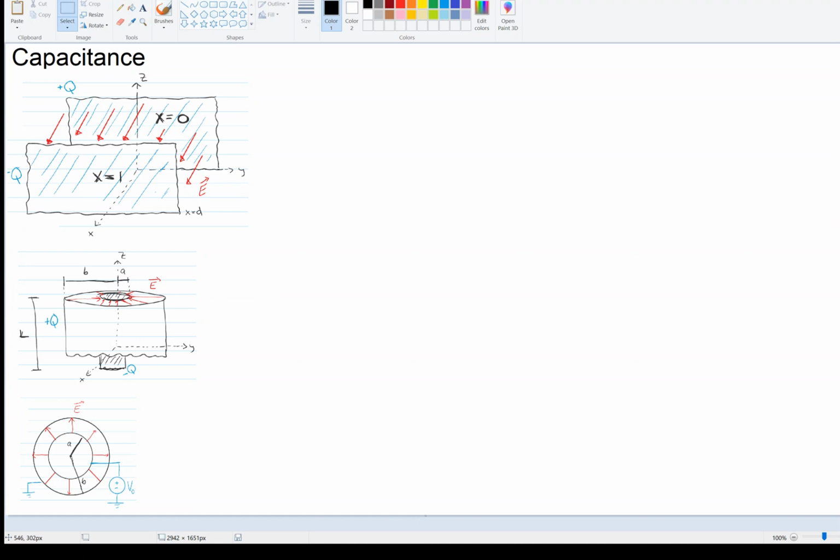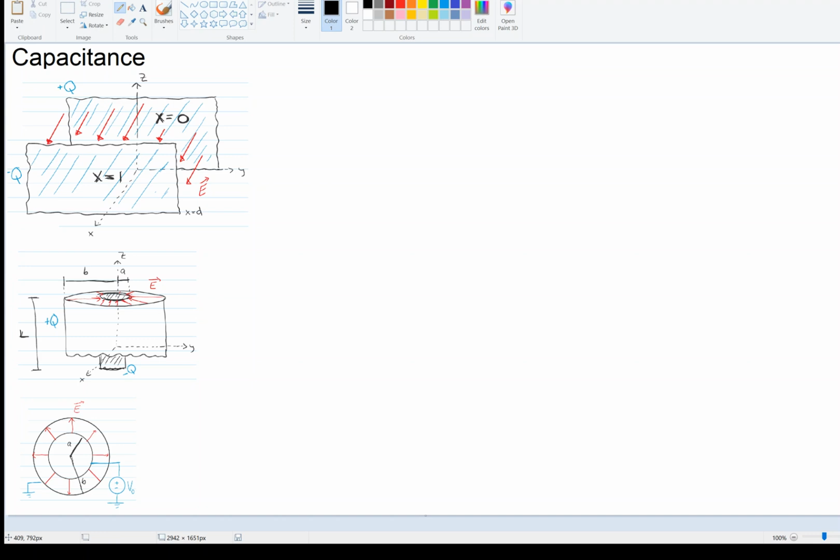In the middle, the cylindrical version, with two hollow metal cylinders. And the third is the spherical capacitor, with two spherical shells. These are three separate capacitors, not one capacitor. I've just drawn them all here in the interest of saving time.